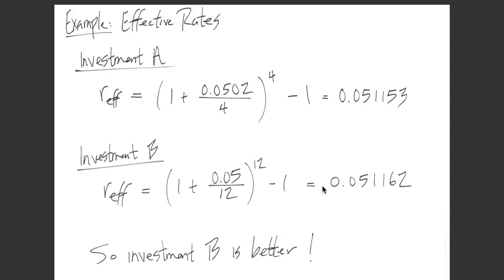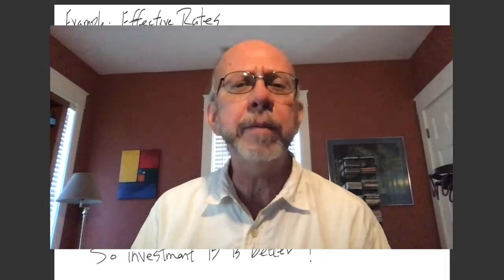And so you plug those values in, and you actually get 5.116%. So investment B is better, even though its nominal rate of 5% is less than the nominal rate of 5.02% for investment A. And why would investment B be better?